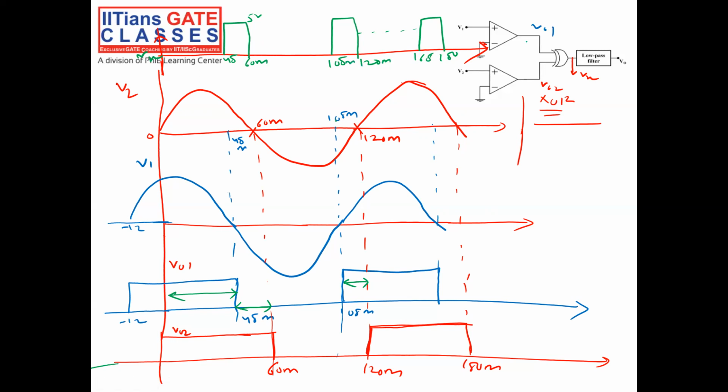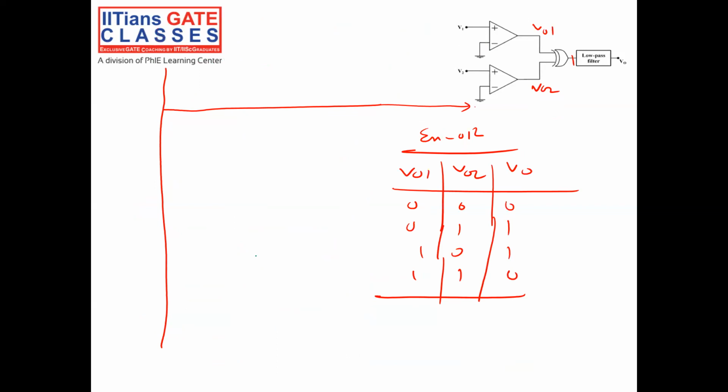So at this Vx I get a waveform like this, with a period of 60 millisecond and a width of 12 millisecond, right? So I got pulses at the output Vx: at 0, then at 60, at 120, then at 180, like that.